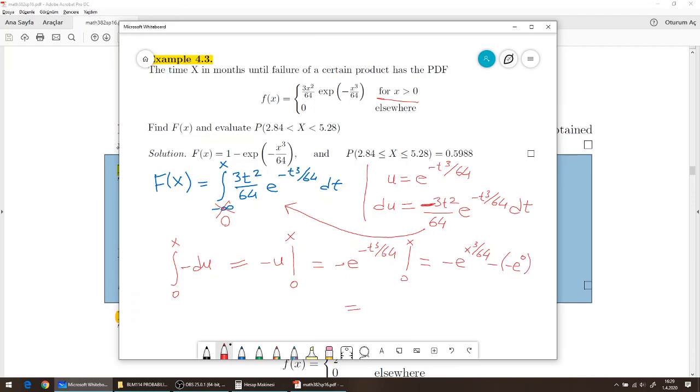E to the power 0 is 1, and minus 1 is plus 1.